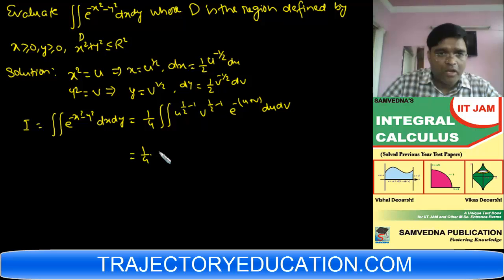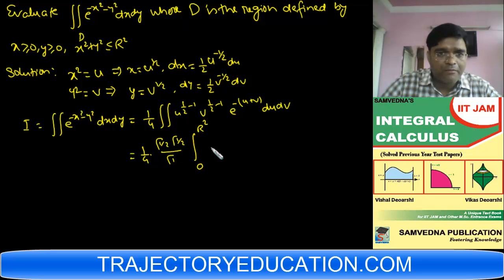So this will give you 1 upon 4 gamma 1 upon 2 gamma 1 upon 2 over gamma 1, and the integral we can write from 0 to r square.